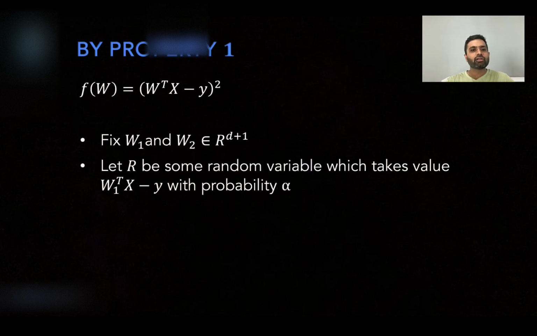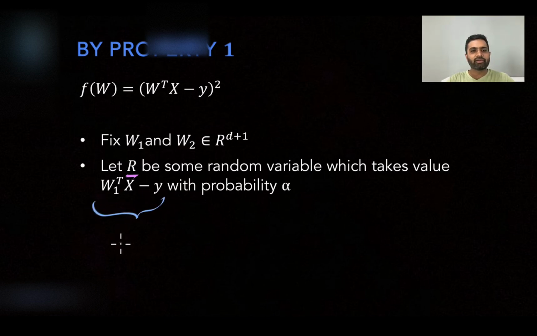So let r be a certain random variable, with the notation r. It is a random variable which is taking the value w1 transpose x minus y. So this is a certain real value, right?